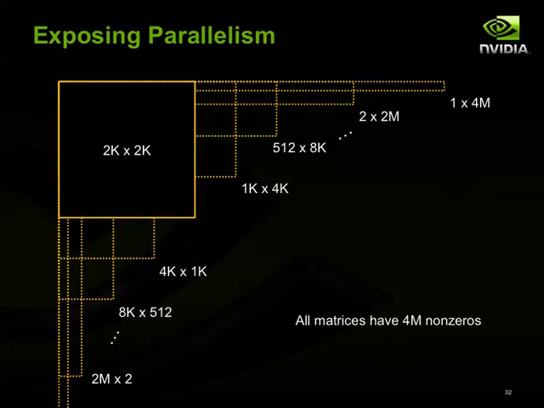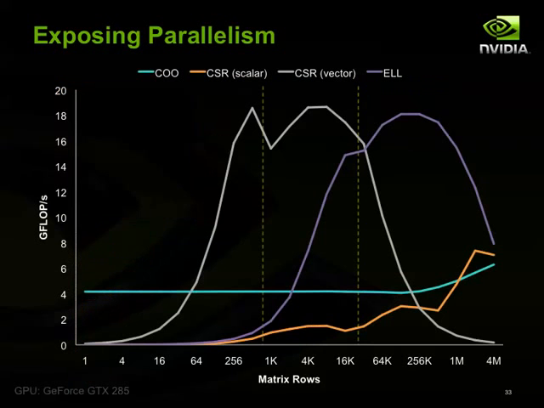The way to think of this is that it's the same amount of work. If we gave this to a serial processor, it would take about the same amount of time no matter what the shape was, because it's the same amount of flops, same amount of memory accesses, and so on. But what it does is it changes the amount of threads that we can throw at the problem based on our previous strategies. So this is the kind of curves you get.